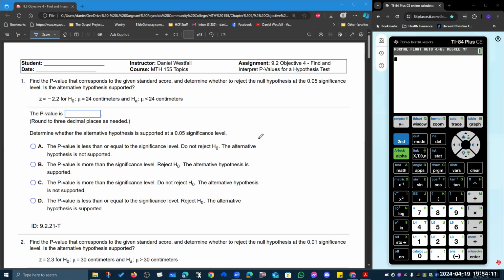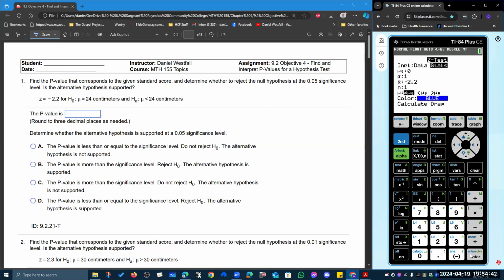We're going to be conducting z-tests again, it looks like, and they give us enough information here. In Stat Tests, Z-Test, we use 0 and 1, because they've already made a z-value, negative 2.2.